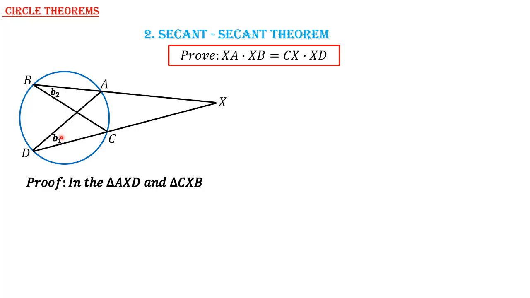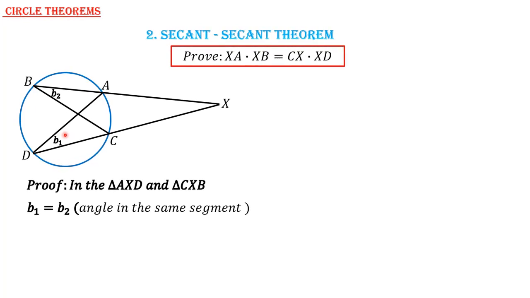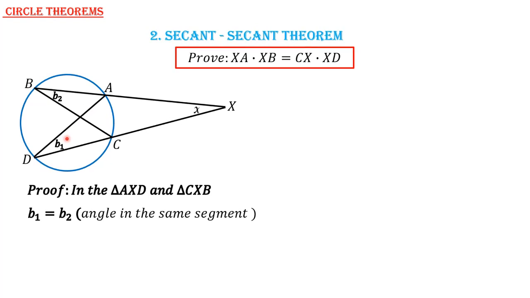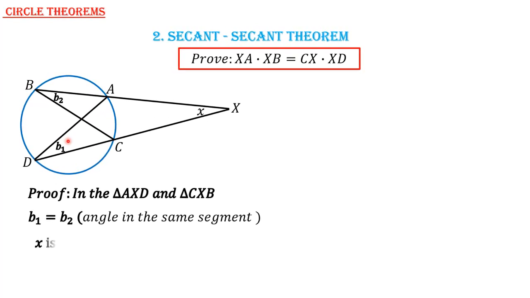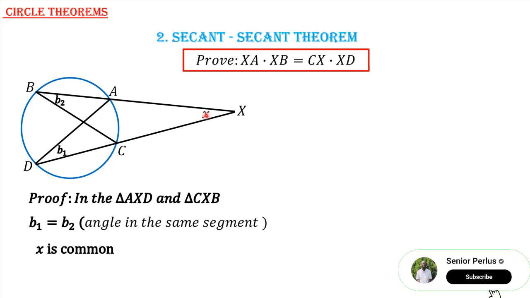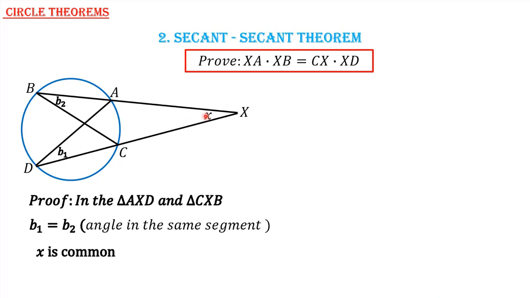We are saying that we have B1 and B2. And remember this one, angles in the same segment. When you are doing the circle theorem, we did mention that angles in the same segment are equal. So therefore, our B1 is the same as B2. And this S is common because both of the two triangles are sharing this angle here.